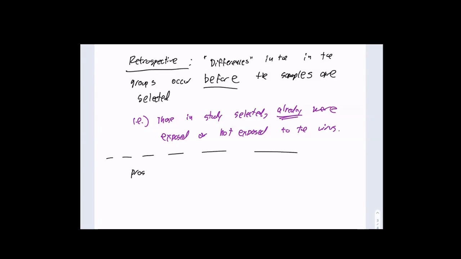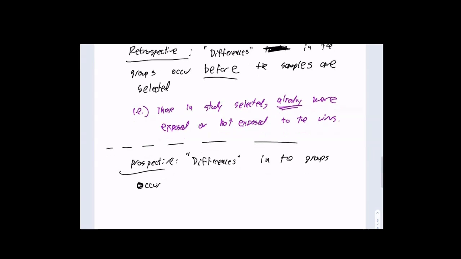In a prospective study, what do you think a prospective study is then? The difference in the groups occur after the samples are selected. Retrospective is before. Prospective is after.